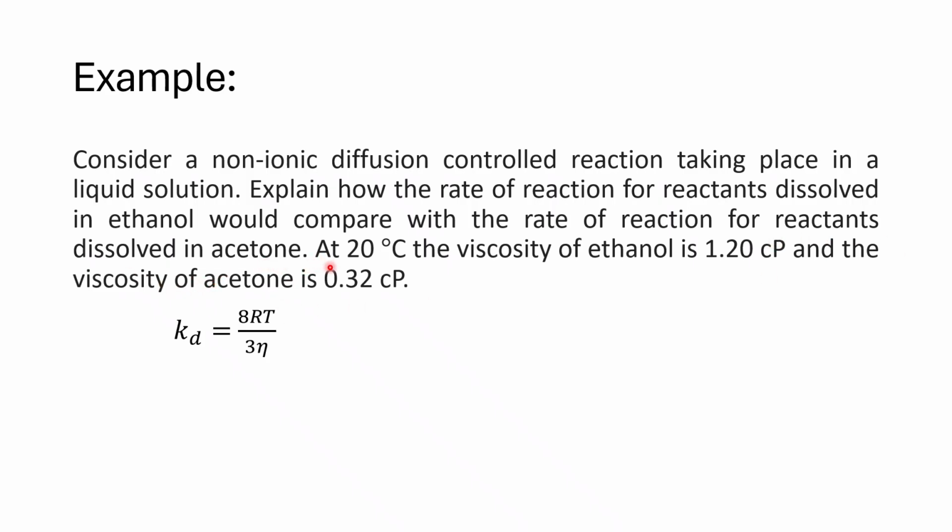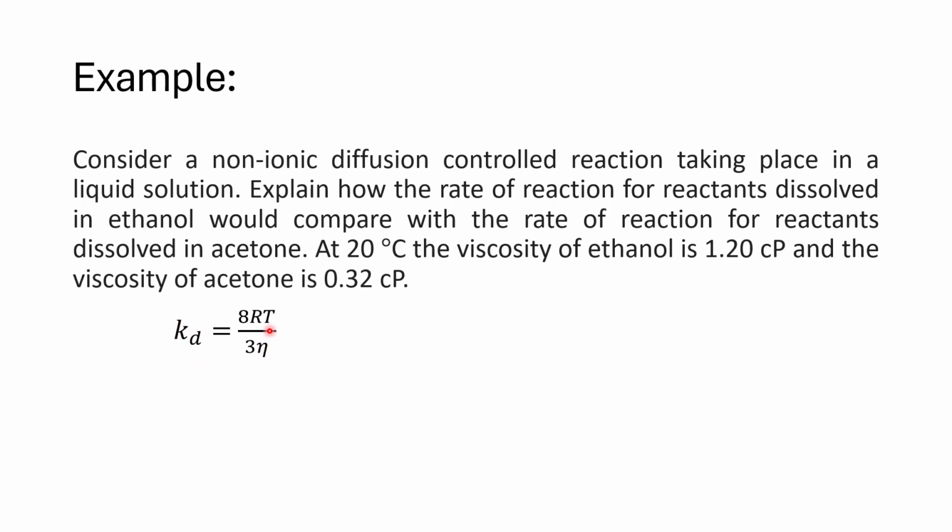Given that at 20 degrees Celsius, the viscosity of ethanol is 1.20 centipoise and the viscosity of acetone is 0.32 centipoise. So basically this question relates the viscosity of the solvent with the rate of the reaction.